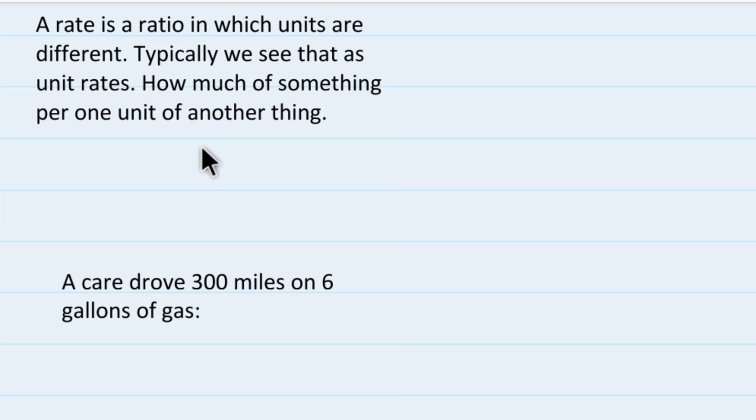We understand rate by an example. A car drove 300 miles on 6 gallons of gas. So we can write it in the fraction form as 300 miles for 6 gallons of gas.